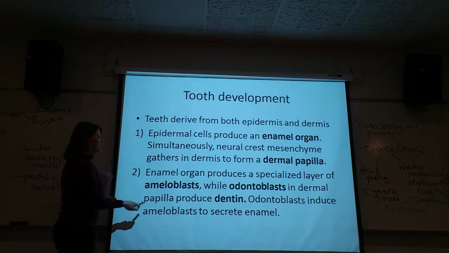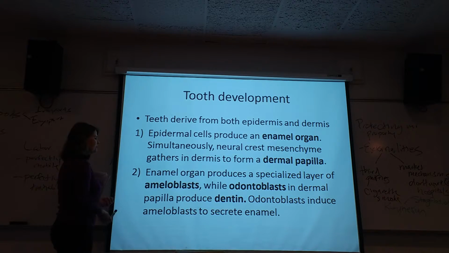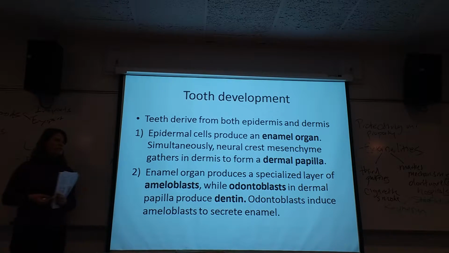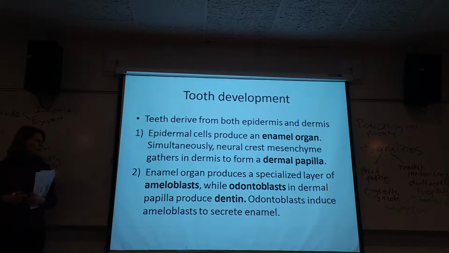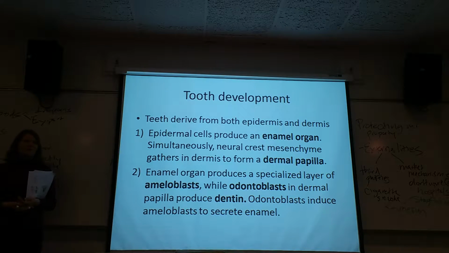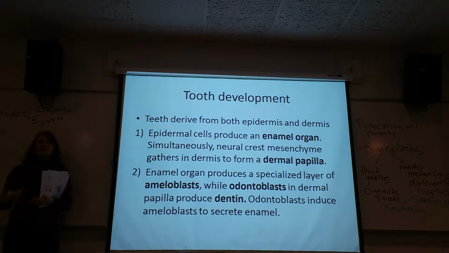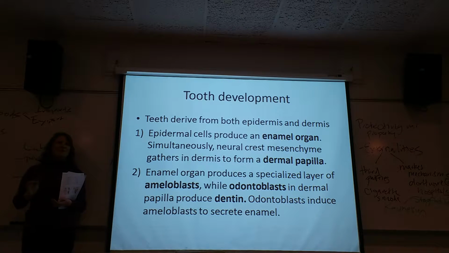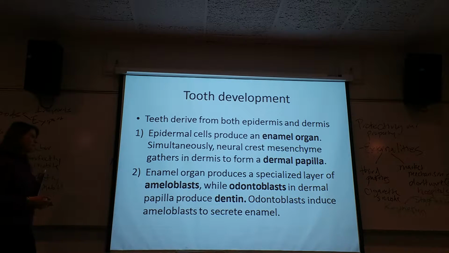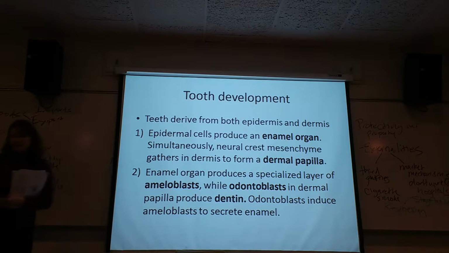At the same time, we have odontoblasts in the dermal papilla, which produce dentin. And it's actually the odontoblasts that induce enamel production in the overlying layer. So the dentin production by the odontoblasts also induces production of enamel in the overlying epidermis. Okay, so you should understand how this works.